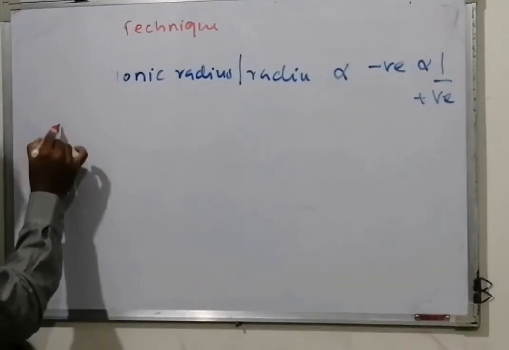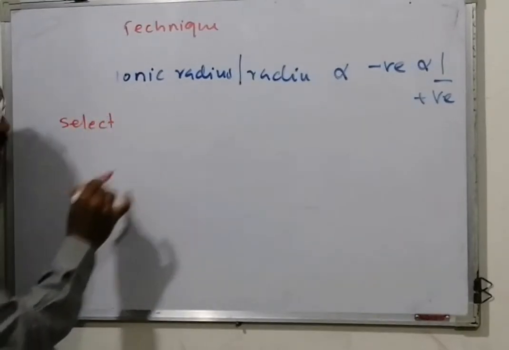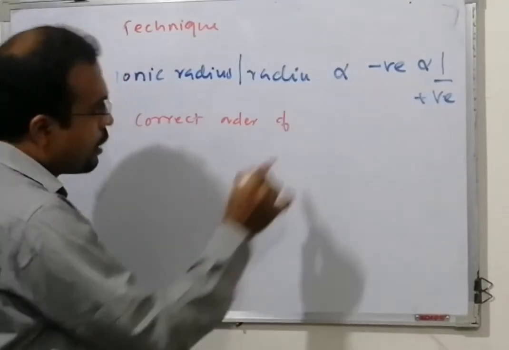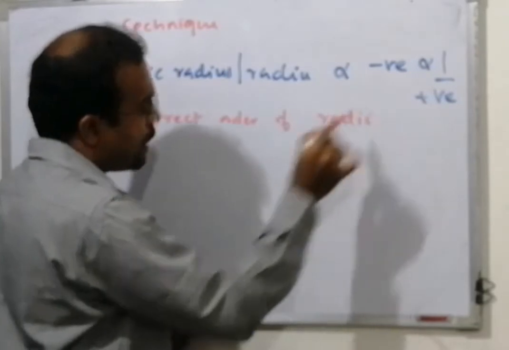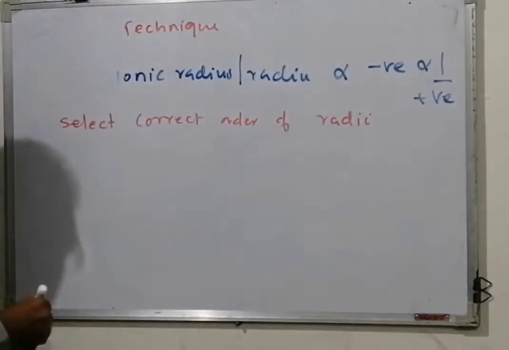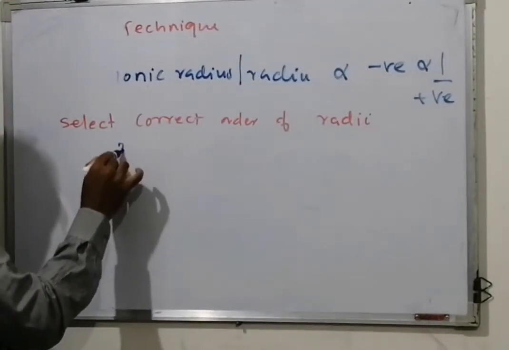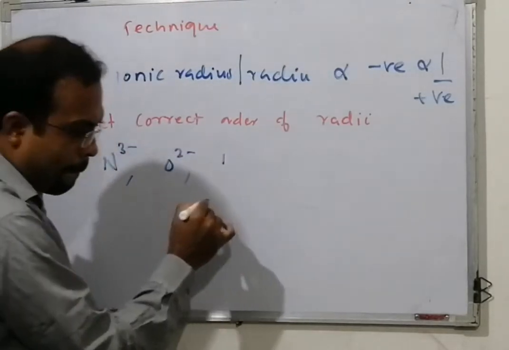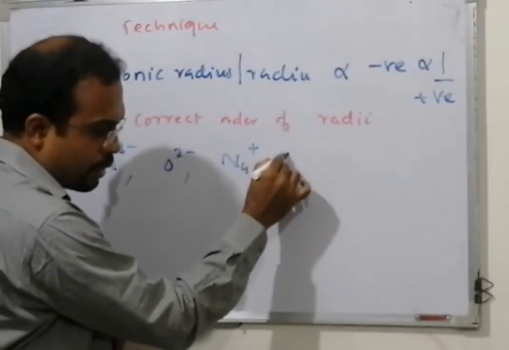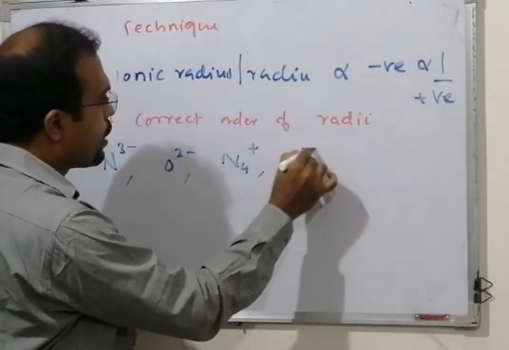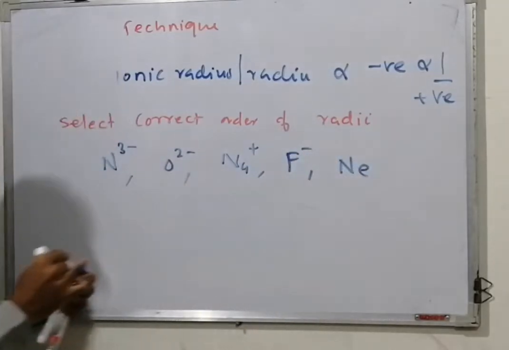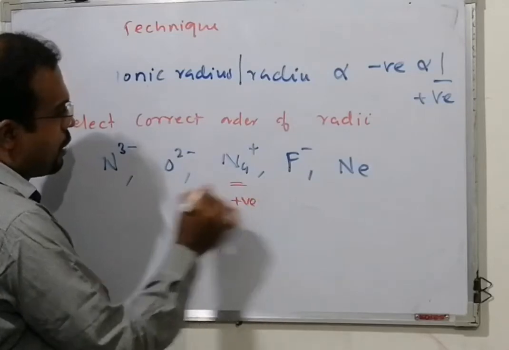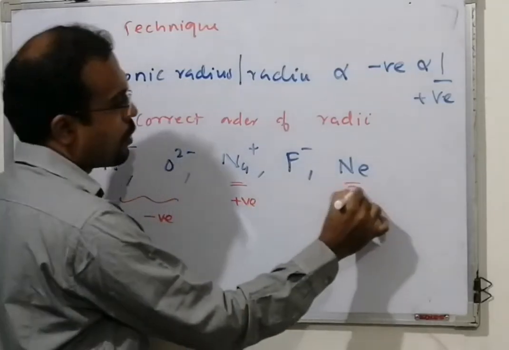Suppose a question: select the correct order of radii. Radii means the plural of radius. You have N3 minus, O2 minus, Na plus, F minus, neon. You have three types of species: positive, negative, neutral.